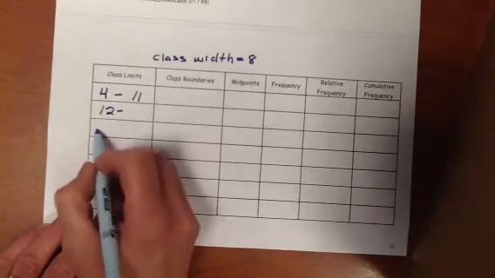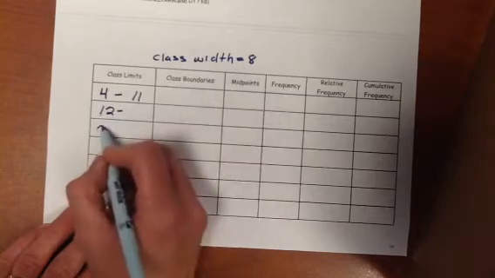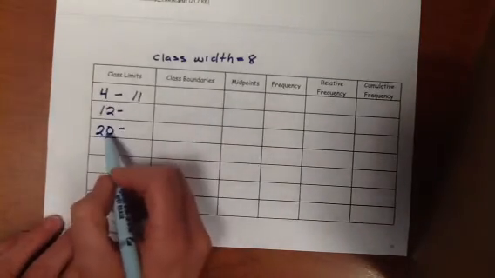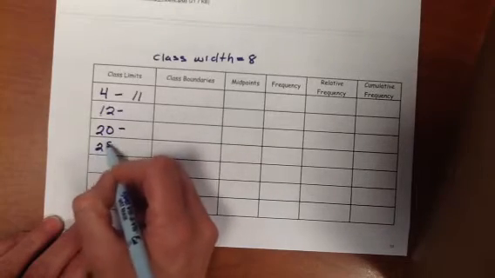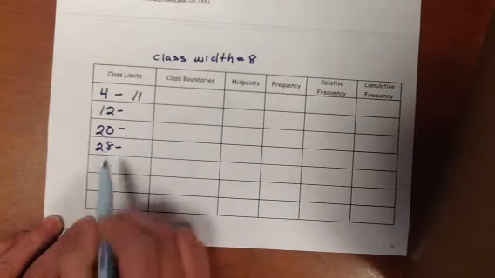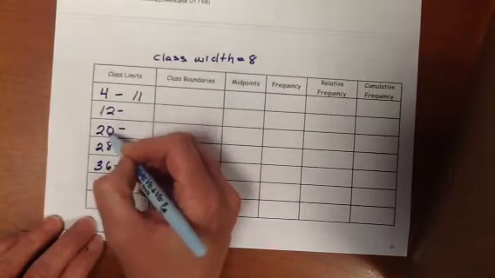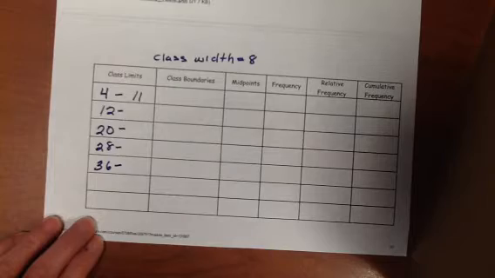We can again add the class width. 12 plus 8 gives us 20 for the lower limit of the third class. 20 plus 8 is 28. That's our fourth class. 28 plus 8, we get 36. So we have 1, 2, 3, 4, 5 classes.